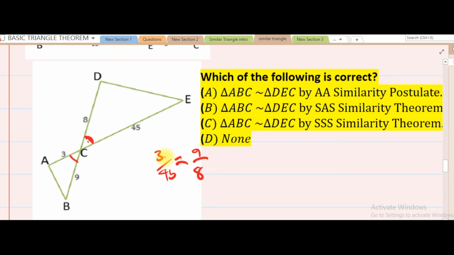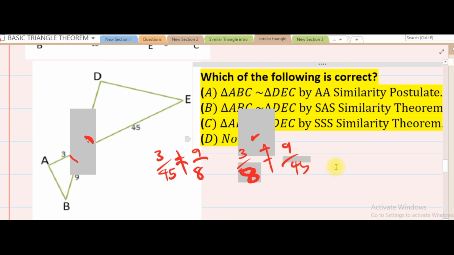They are not equal, so that's off. Let's check the other way around: 3 corresponds to 8 and 9 corresponds to 4.5. Not correct again. So they are not similar, and the answer is none.